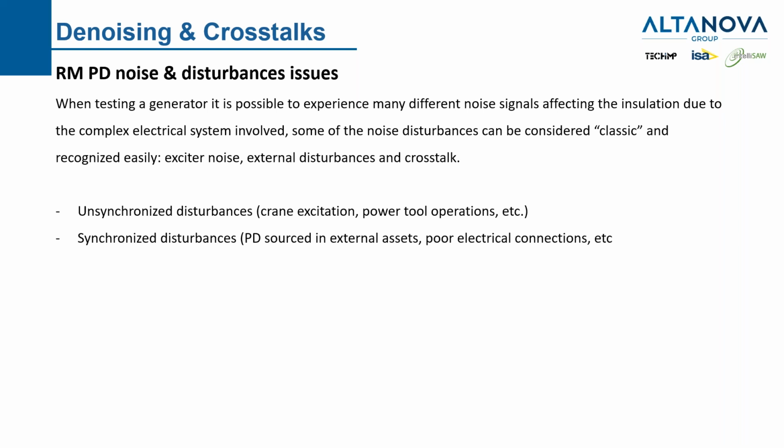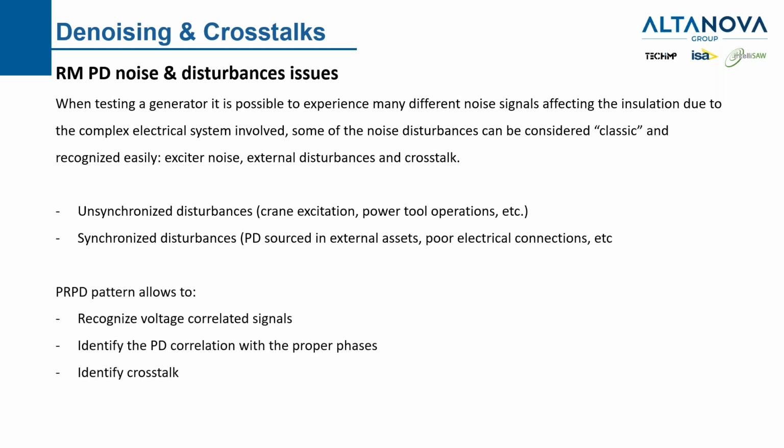All these kinds of things are very uncomfortable to be brought inside the acquisition, so if possible, it would be nice to remove them. And in this case, we take advantage of the phase resolved PD pattern to recognize the voltage correlated signal, to identify the PD correlation with their own phases, with the source of the PD, and to identify crosstalk signals.